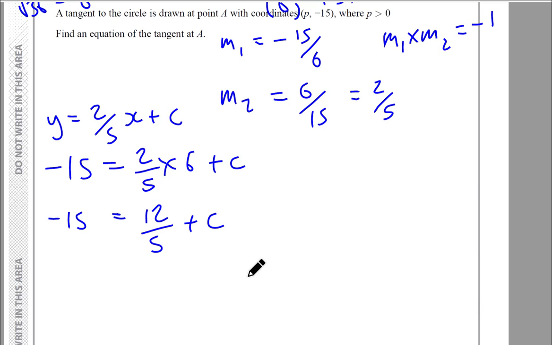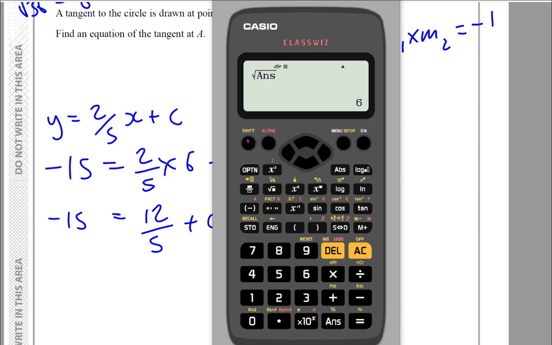That's right, let's minus 12 over 5. And no need to mess around. Minus 15 minus 12 over 5, just use a calculator for speed.